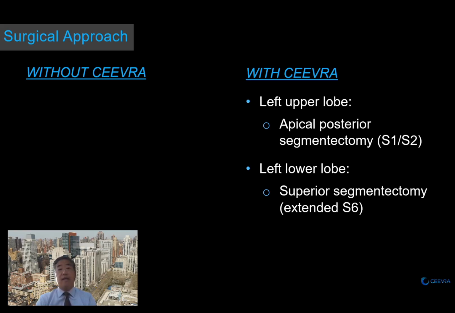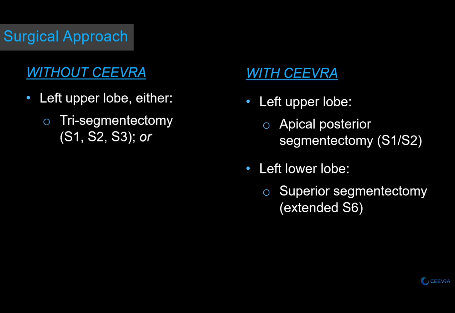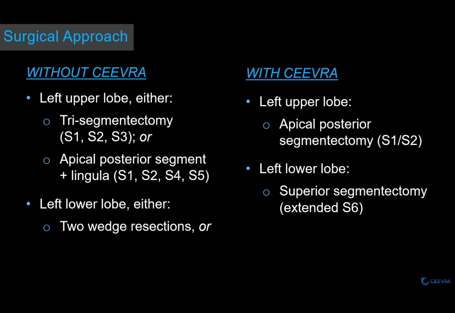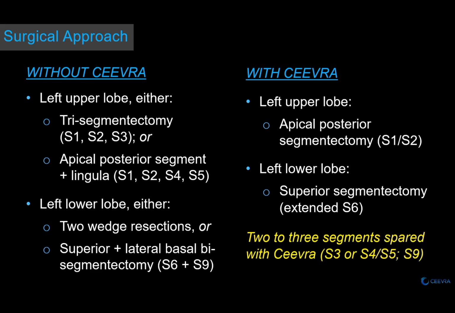So I might have done either a tri-segmentectomy of the upper lobe, meaning the anterior and apical posterior segment, or an apical posterior segment and the lingula, leaving the anterior segment, and then either 2 wedge resections of the lower lobe, or a bisegmentectomy of the lower lobe, so a superior segment and a lateral basal segment.